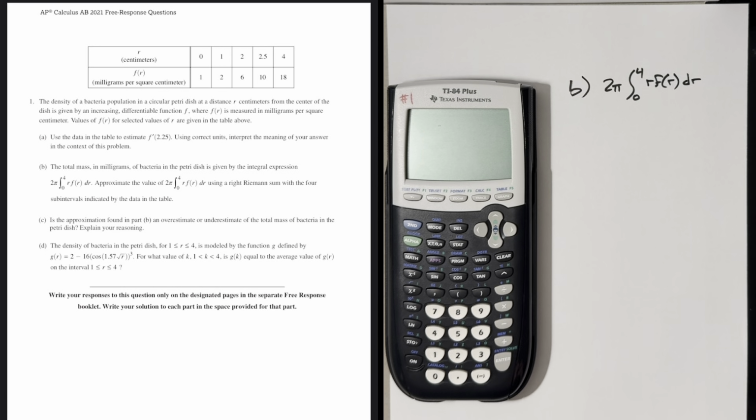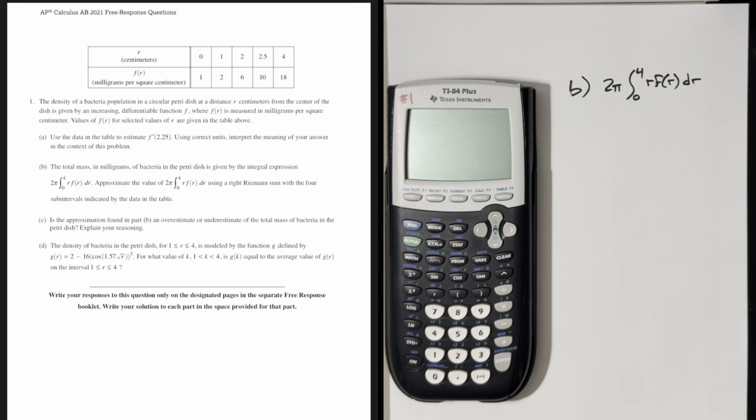And it says approximate the total of that integral using a right Riemann sum with 4 subintervals indicated by the data in the table. So for a Riemann sum, our subintervals are based on our r values. For us, it looks like we're going from 0 to 1, 1 to 2, 2 to 2.5, 2.5 to 4.